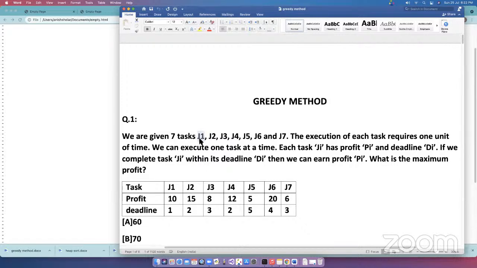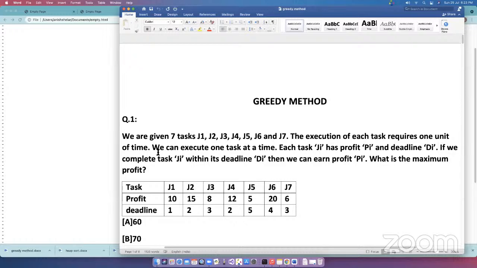Then the second job J2 can begin only after job 1, isn't it? That means J2 will begin at time equal to 1, because 0 to 1, J1 was done. J2 will be done from 1 to 2. J3 from 2 to 3, J4 from 3 to 4, correct?